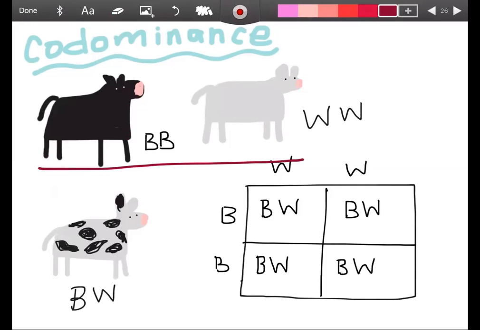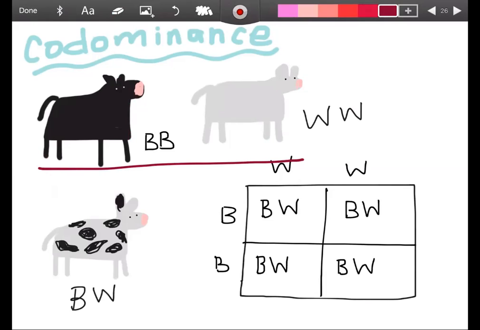And let's say that these cows come together and they create offspring. Using a Punnett square, we would put together each of these alleles, and we would see that each of the offspring would have both alleles for black and white.